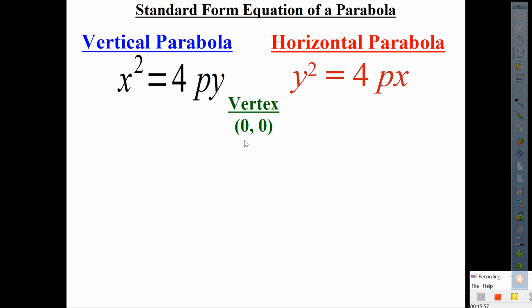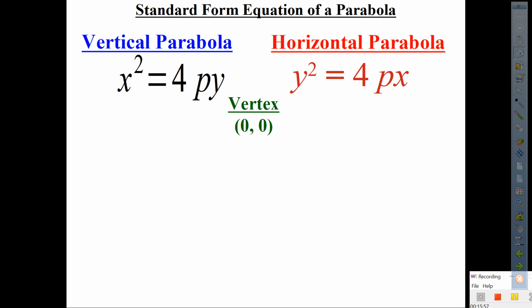Now, why are you telling us this, Mr. Q? Because today we're going to add transformations to the parabola. Yesterday it didn't move; the parabola stayed on the vertex at 0, 0. So think about this.